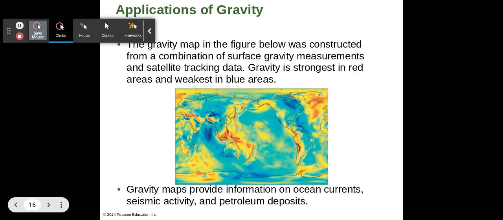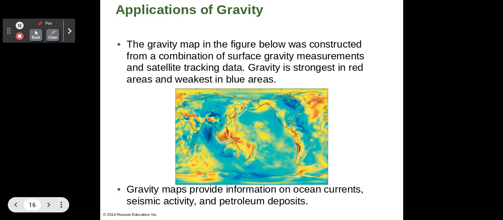So the blue areas are your weakest gravitational pull, the red areas are your strongest. The point of gravity maps, or why we have a map that measures where gravity is strongest and weakest, is that it helps us get information on ocean currents, on seismic activity, and very importantly, petroleum deposits, where we find oil. So we can use a gravity map to help give us all of that information.